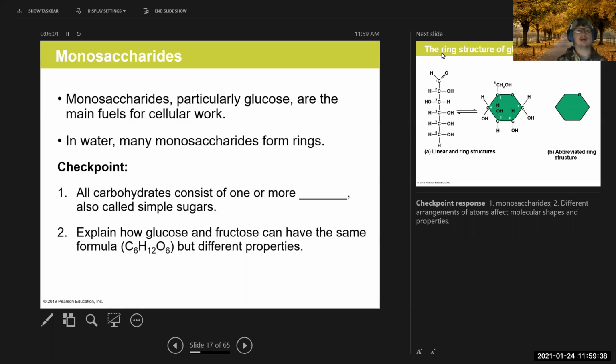The second question is: explain how glucose and fructose can have the same formula but different properties. Those different properties come about because of the different arrangements of the atoms in the molecular shapes, and that different arrangement leads to different properties in those molecules.